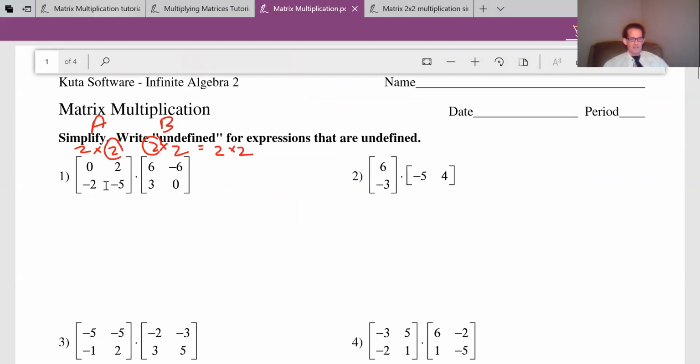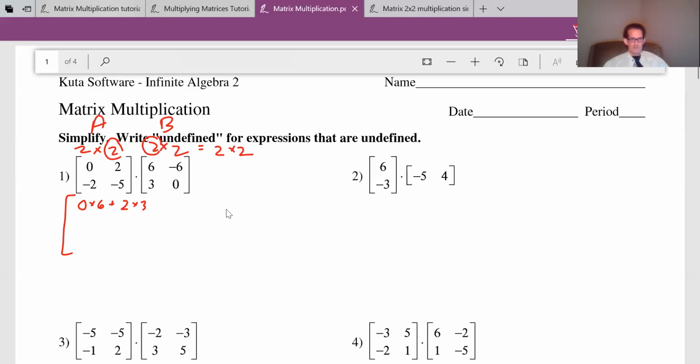So when I multiply it out, remember I'm doing row by column. So first this row would be 0 times 6. So I have 0 times 6 plus the next number, 2, and I'm going down in the column, 2 times 3. Okay? And I have to do the next column, all right?